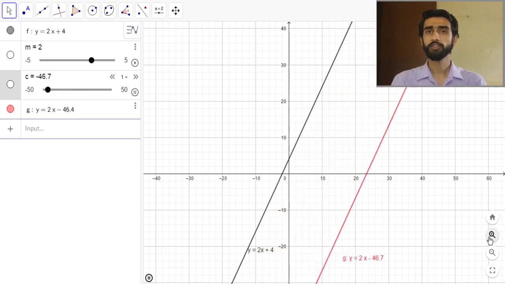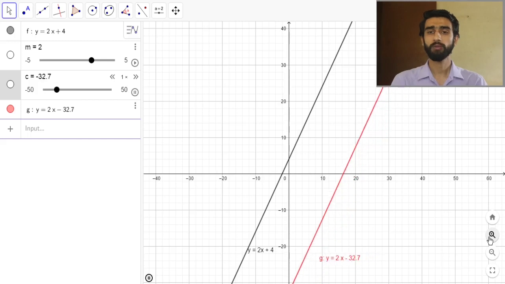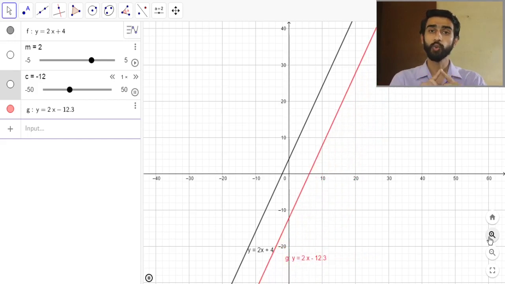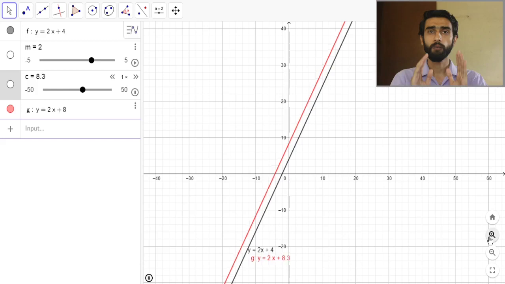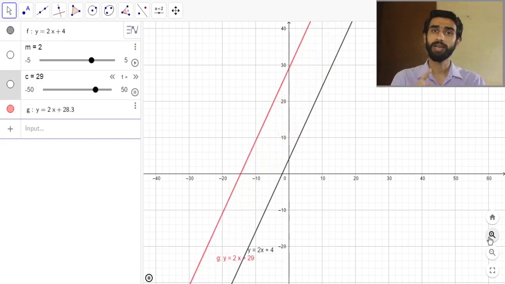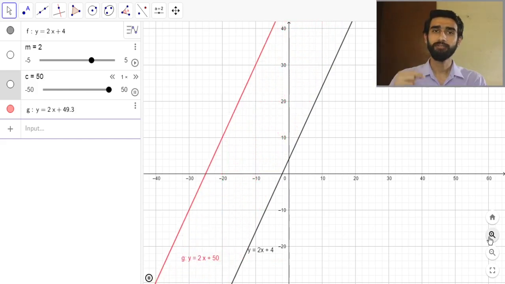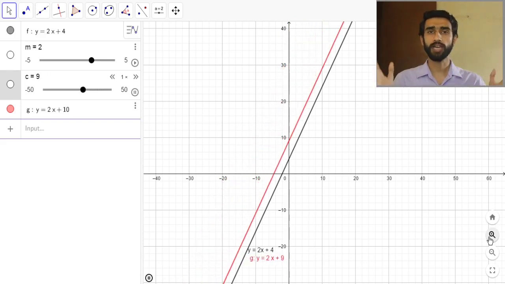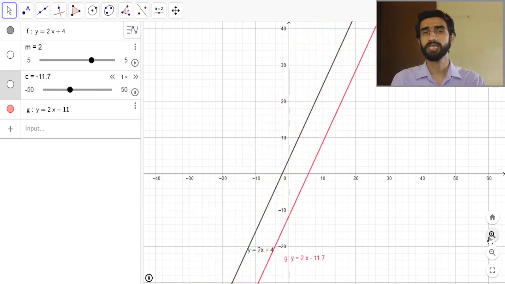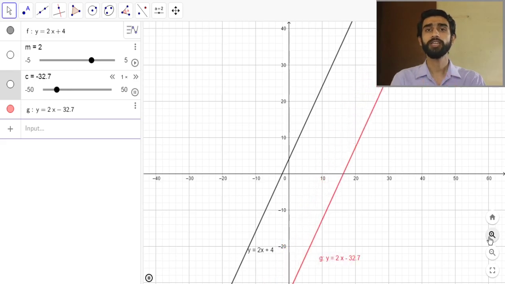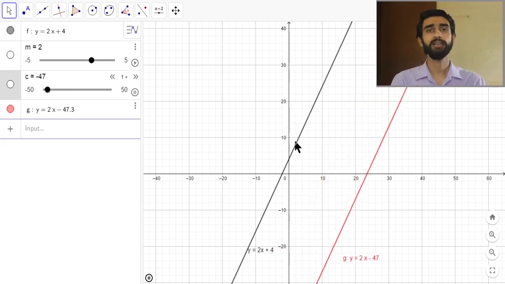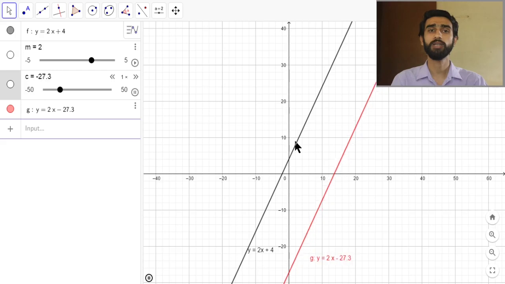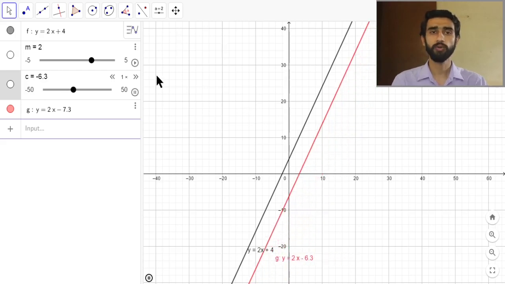So all lines of the format y equals 2x plus c, 2 must be constant, c can vary, will be related to my given black line, because they are parallel to it. I hope it is clear to you.